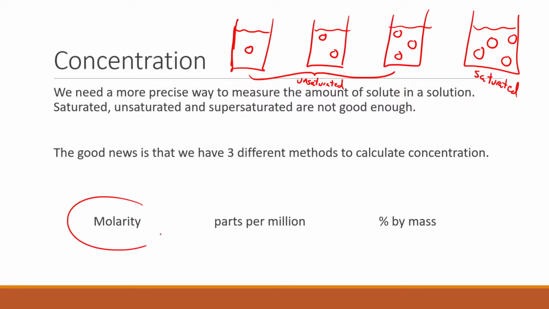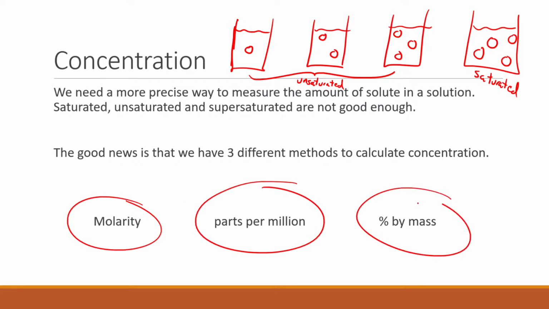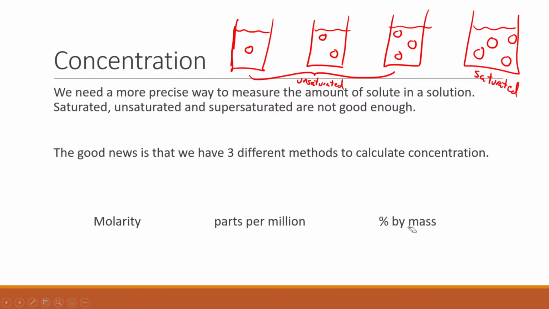And we have 3 different calculations, 3 different things that we can do depending on the circumstances to see what the concentration is. Molarity, parts per million, and percent by mass are all different ways of calculating concentration. And we're going to go through them in this order, starting with molarity.